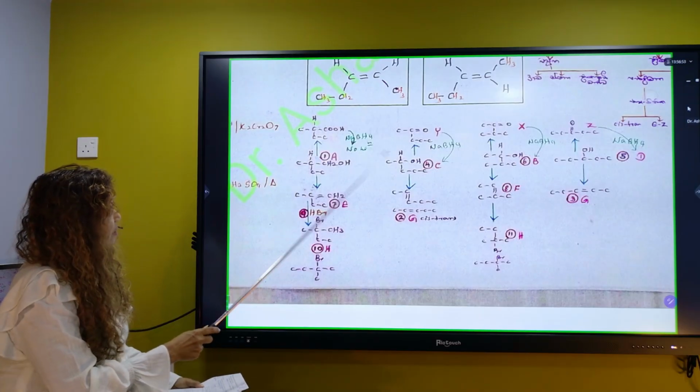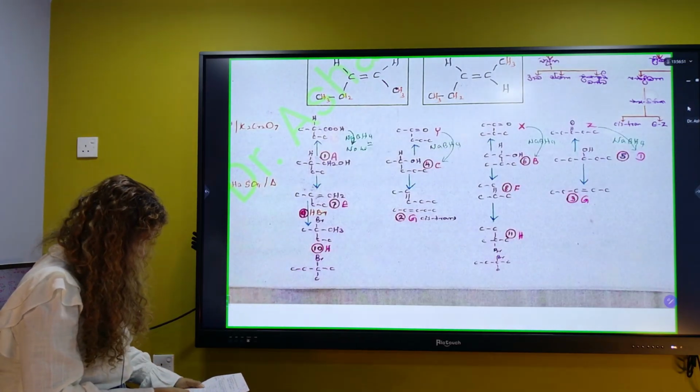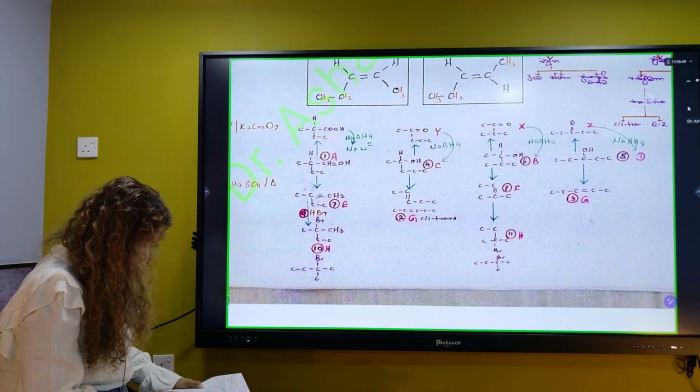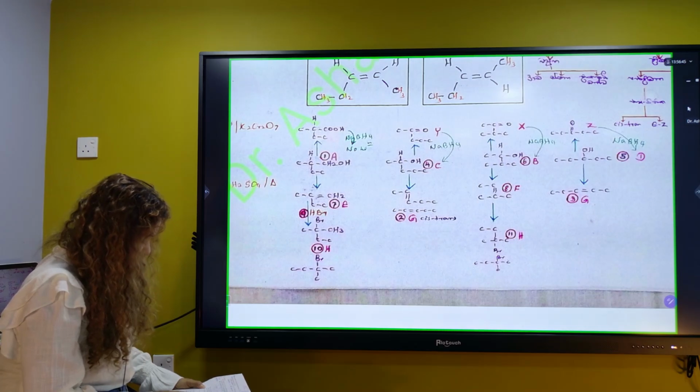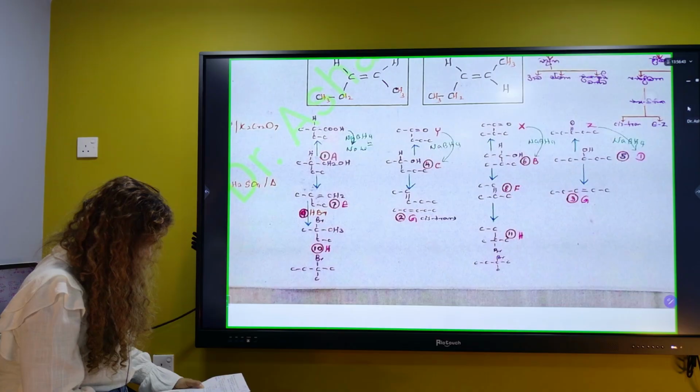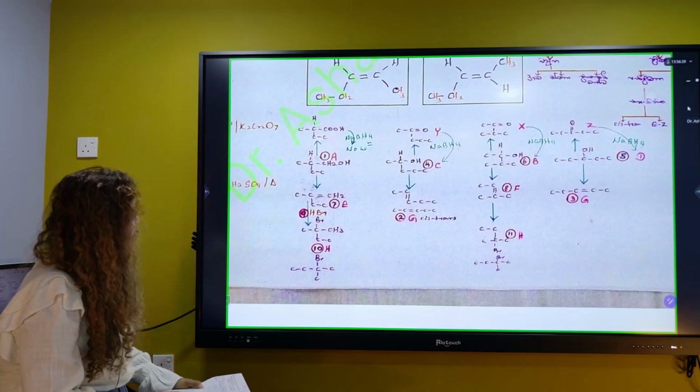So they are making X, Y, Z. X, Y, Z are formed respectively. Products X, Y, Z can be converted back to B, C, D respectively by reacting with sodium borohydride.